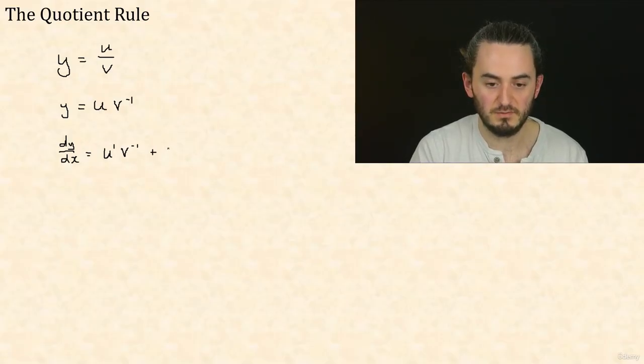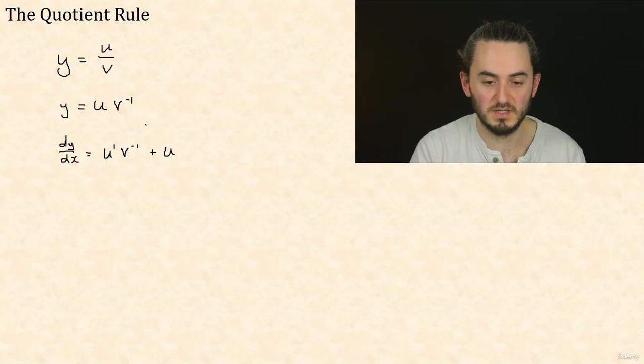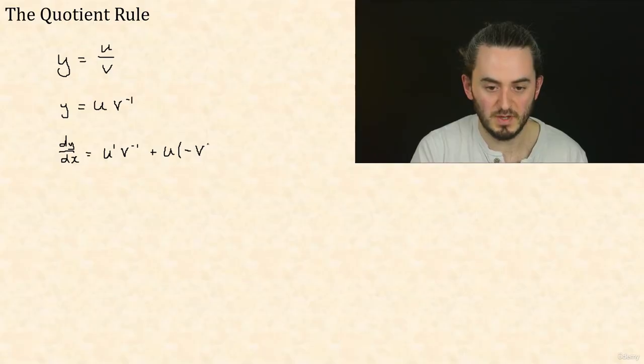Plus, don't differentiate this and do differentiate this. Okay, so we've got a function, some stuff, to the power of minus 1. So power comes down to the front, minus, power drops by 1, and multiply by the derivative of the stuff.